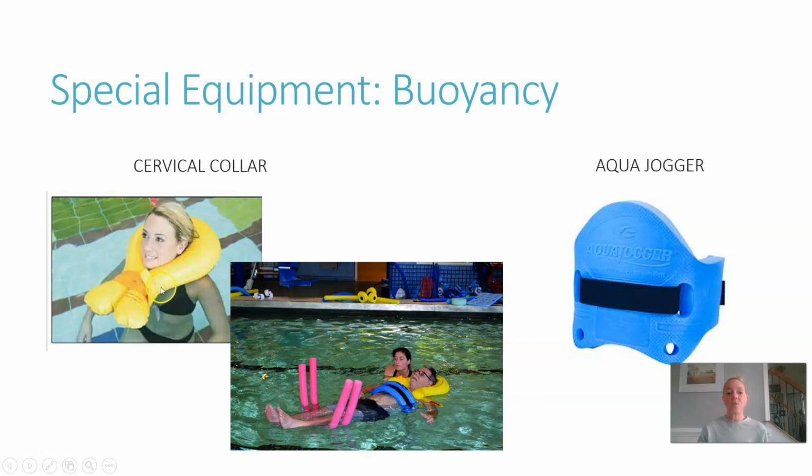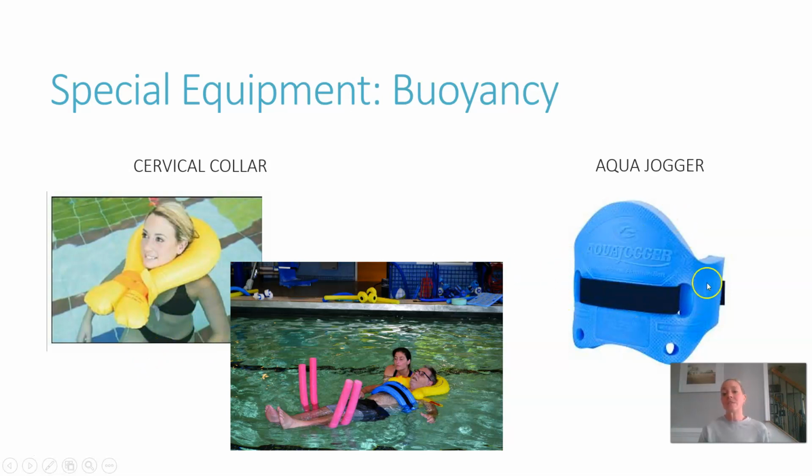I have also used these to do some traction with the patients. So what we would do is we would have the cervical collar on. We'd give them a pool noodle or two underneath their arms. And then there are also water-resistant ankle weights that we could put on them, and then we'd let them float out in the deep end. So the ankle weights would kind of elongate their body, while the cervical collar and the pool noodles would keep them afloat, and that would actually help to traction their spine a little bit.